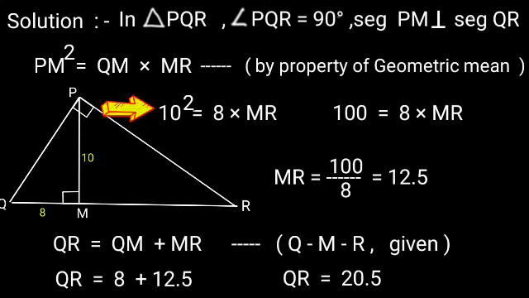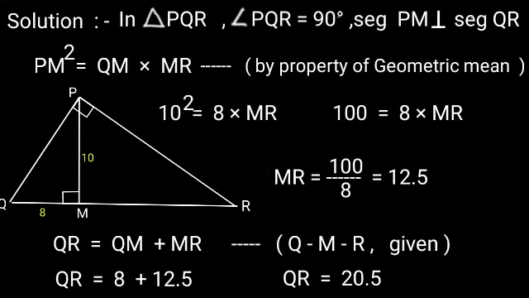Substituting the values, 10 square is equal to 8 into MR. 10 square means 100 is equal to 8 into MR. We have to find the value of MR. Hence, MR is equal to 100 upon 8, which is 12.5.